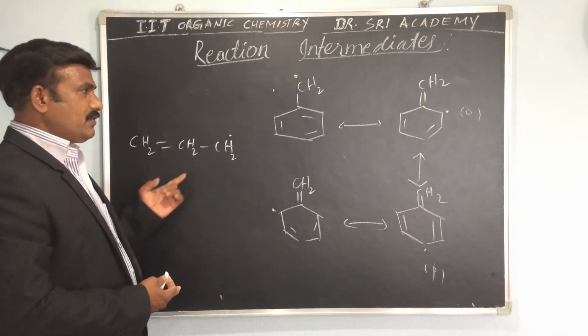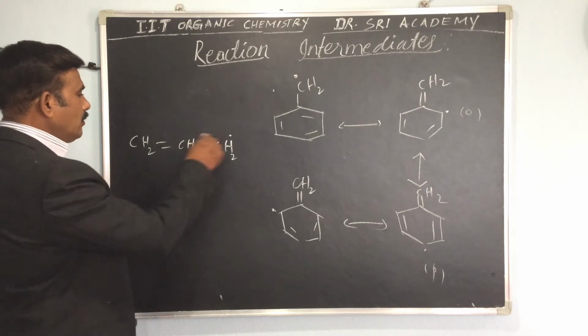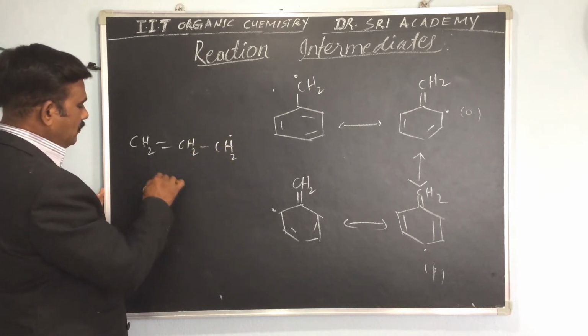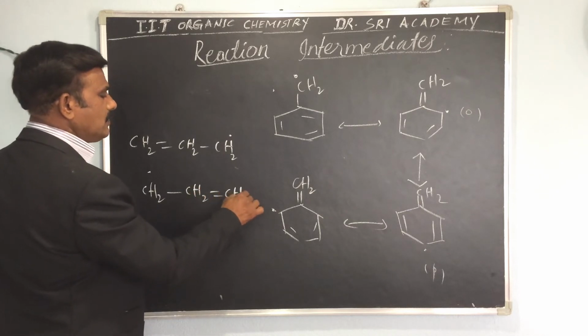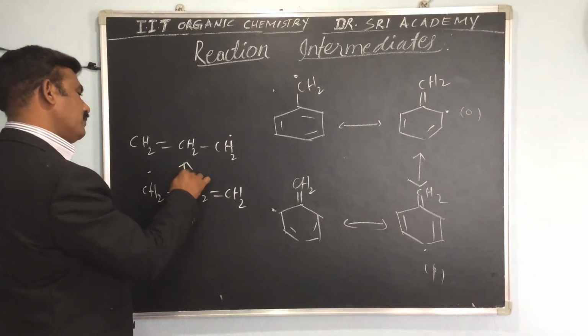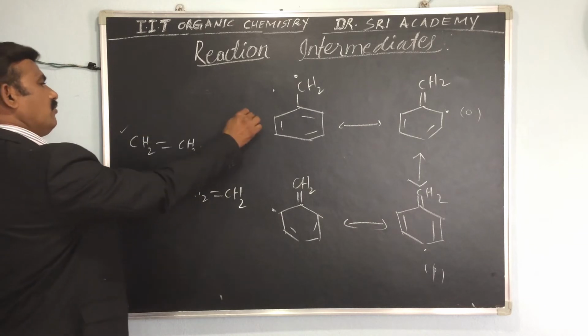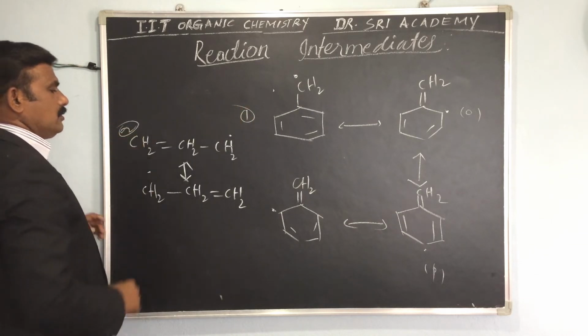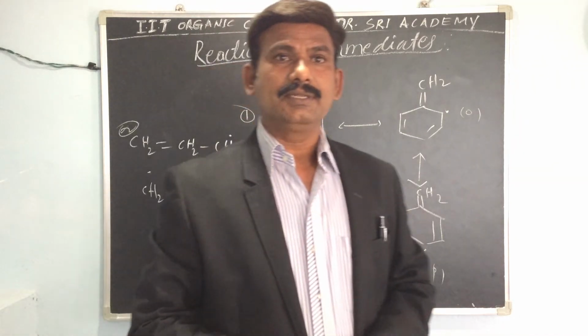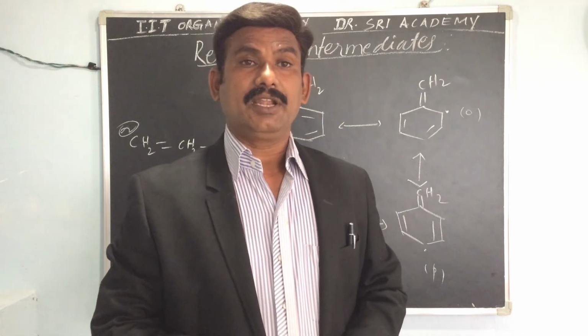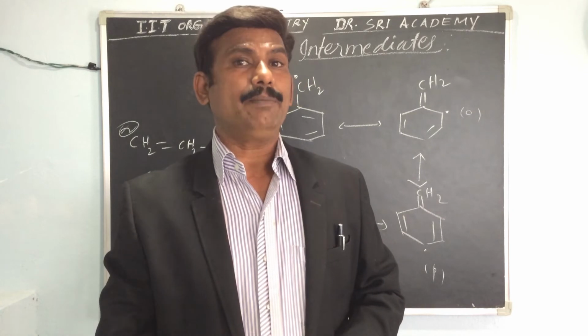These are the two types of resonance structures there. So one more example. So these are some factors: resonance, and hyperconjugation.